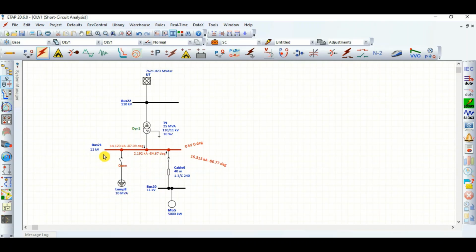If there are any lump loads connected with this 11 kV system, apart from this motor load, we'll see what the fault current contribution from the lump load will be, along with the source grid and the motor contribution, if the fault is created at the 11 kV bus. So up to this point in this video, we will see the rest in the next video.